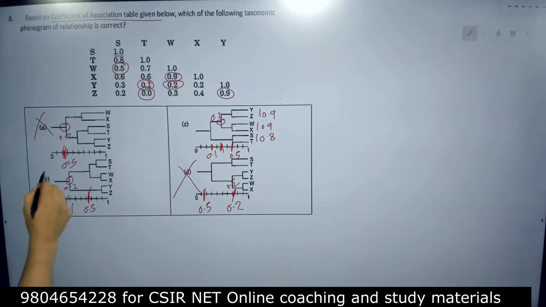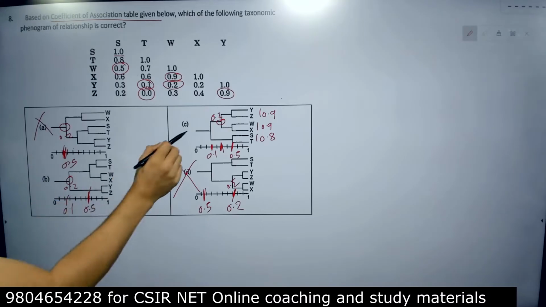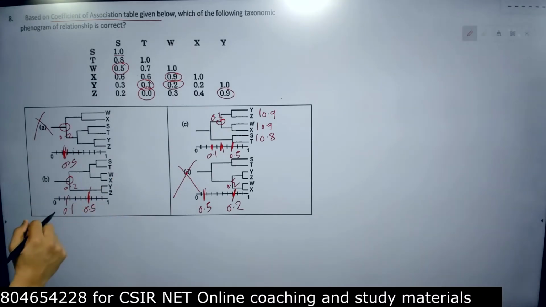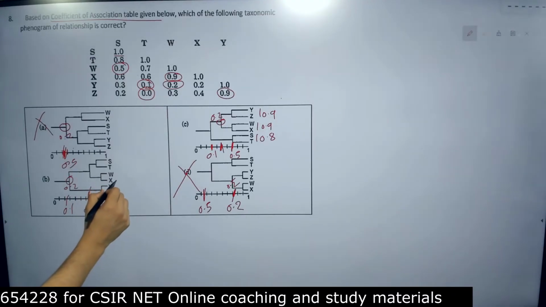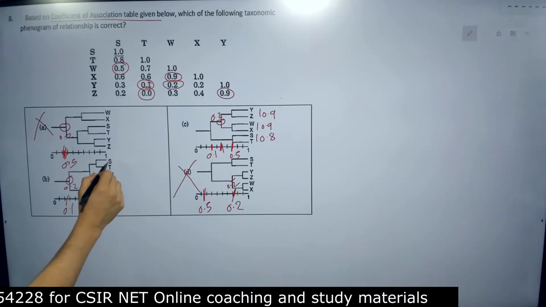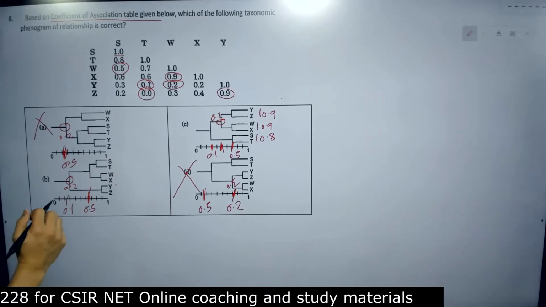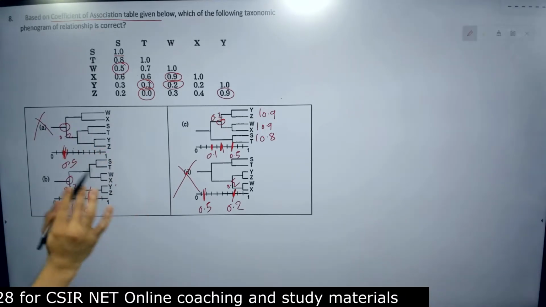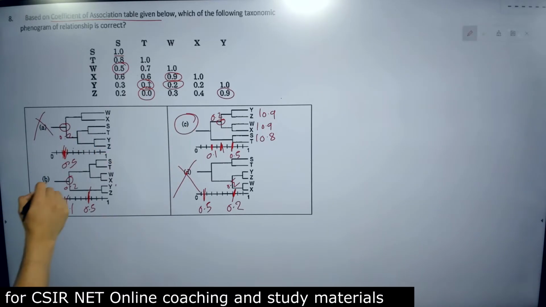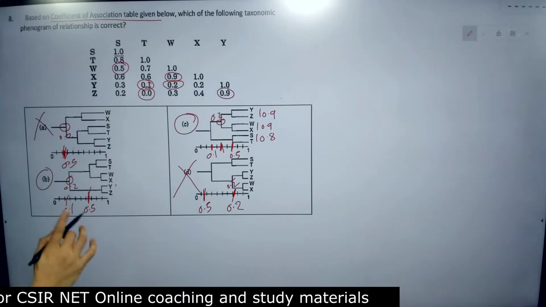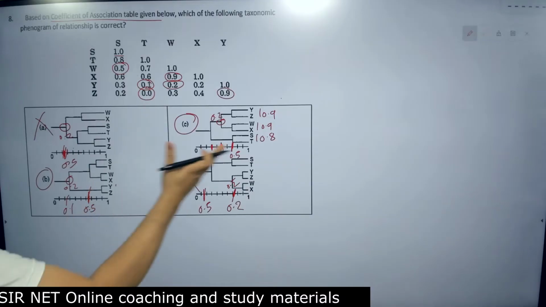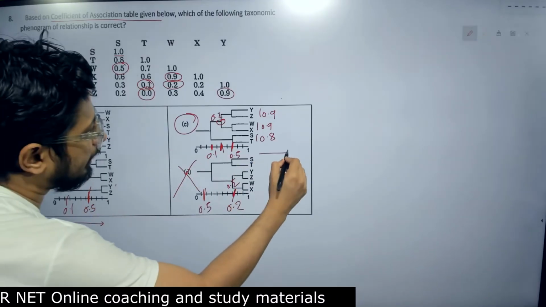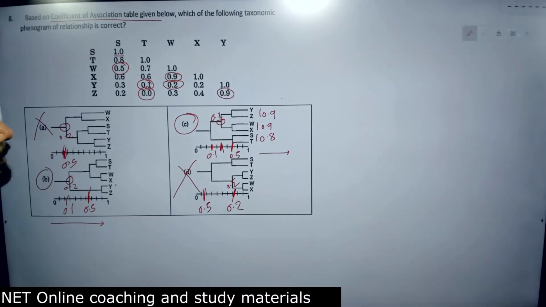So either this option B or option C can be a correct answer to us. But if you compare the YZ, we know YZ, WX, XT, all the values we know them for sure, and the only difference between option B and option C is present in here, because the timeline is same for both of them, 0.1, 0.2, 0.5, it's all good, it's all indicating the same thing, but there is only one big difference.